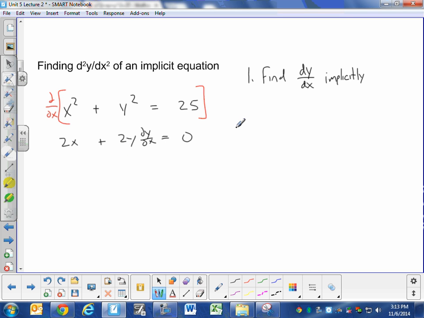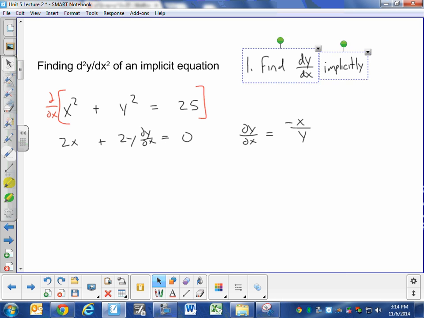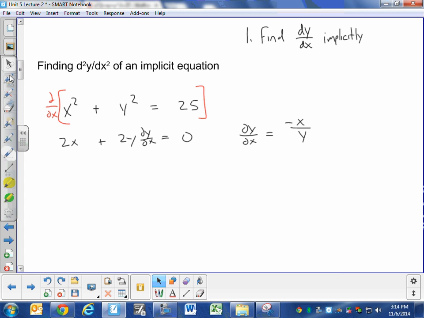Go ahead and subtract 2x, divide by 2y. You get negative 2x over 2y, or negative x over y. Okay, well, step one, we did. We found the derivative implicitly. Step two is to take the derivative again.